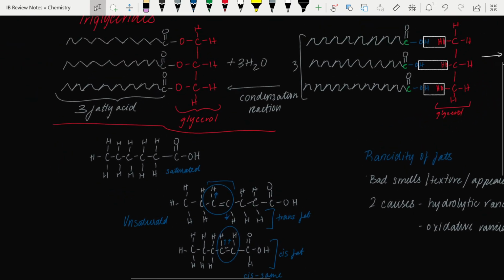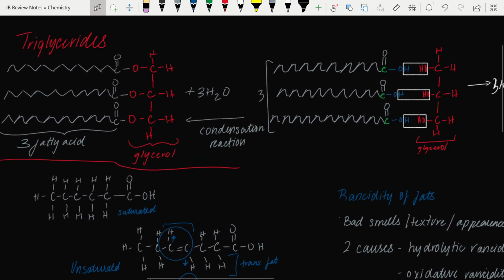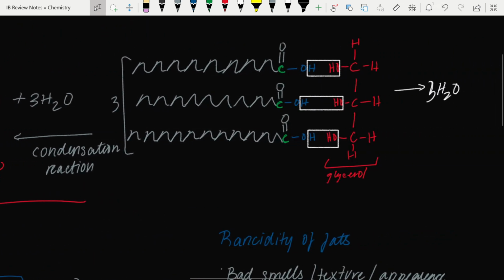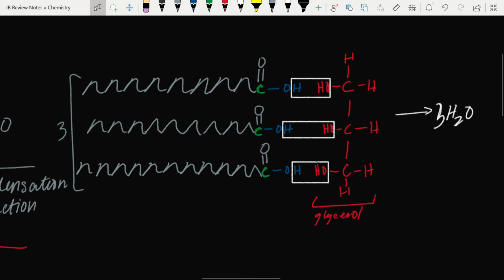So we learned that through condensation reaction, you can form a triglyceride. So to break a triglyceride, you use a hydrolysis reaction.